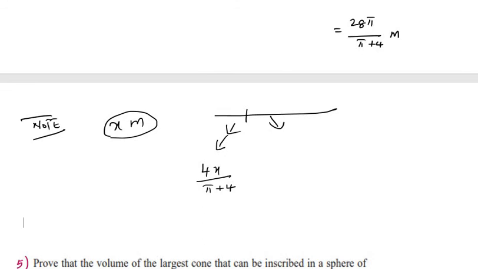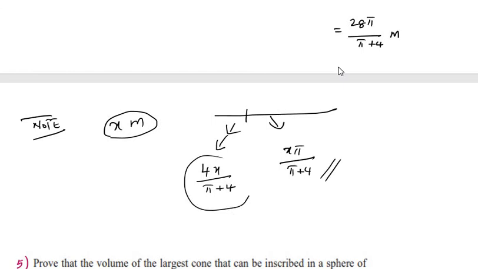Therefore, if the length of the wire is x meter, then the length of the wire to be made as a square to make the area minimum is 4x by pi plus 4. And similarly we can find the length of the wire which is made into a circle. Circle will be x pi by pi plus 4.